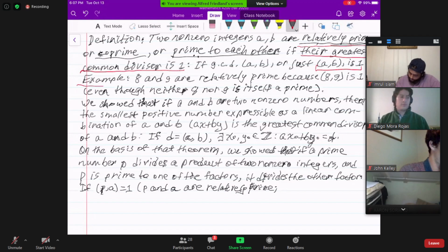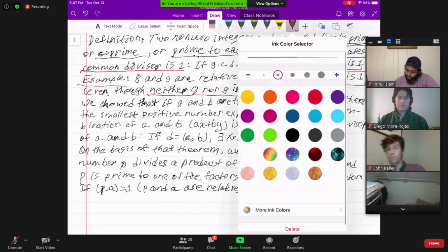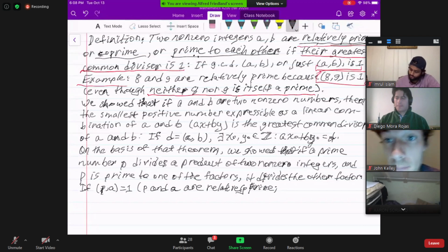So over here in this example, 8 and 9 are relatively prime because the greatest common divisor is 1. 1 divides all numbers, but no bigger number divides both 8 and 9, even though neither 8 nor 9 is itself a prime. So let me go back to black color. So yeah, that's the difference.